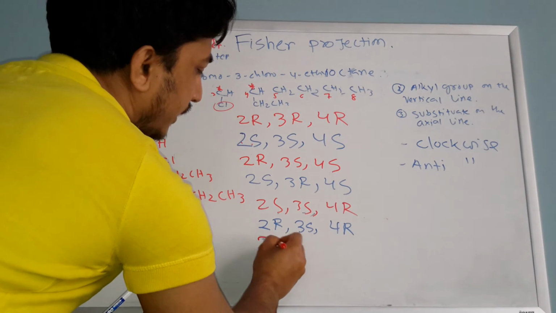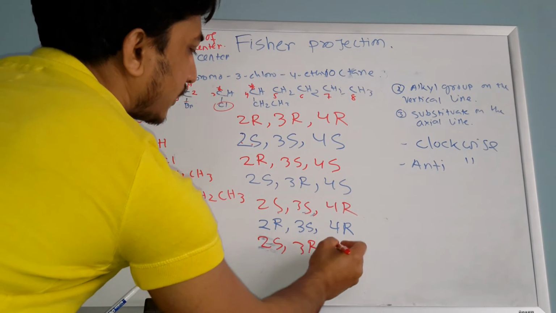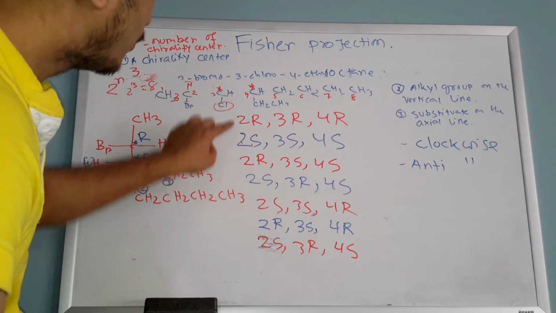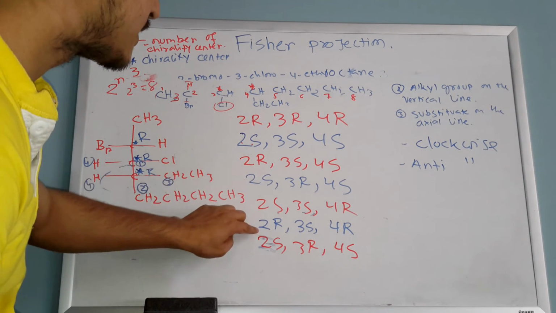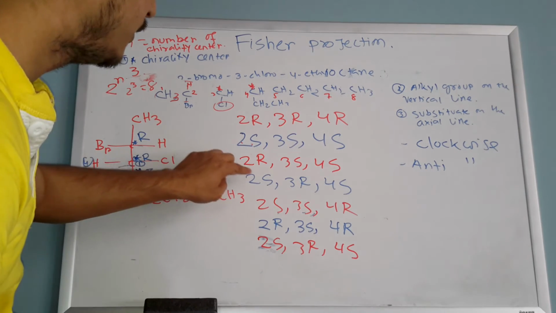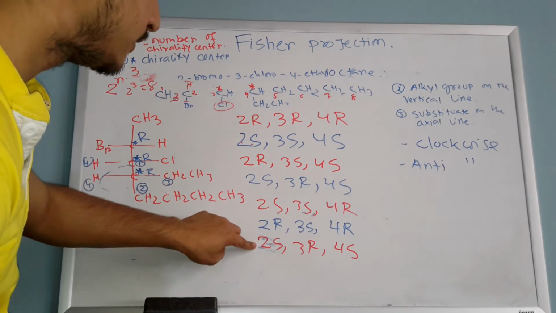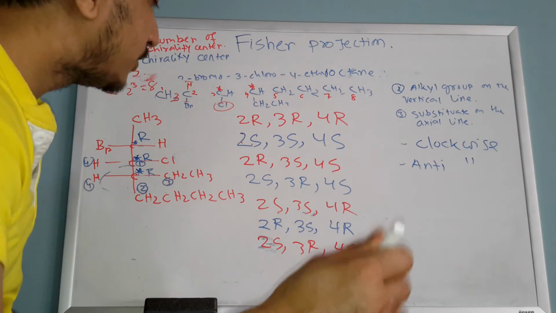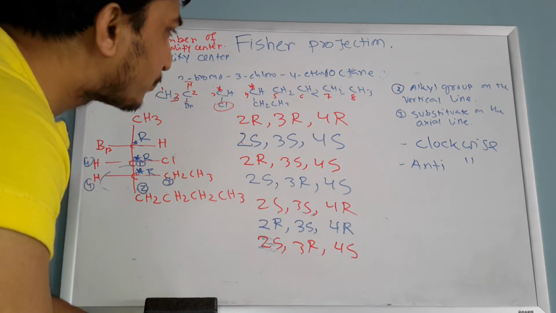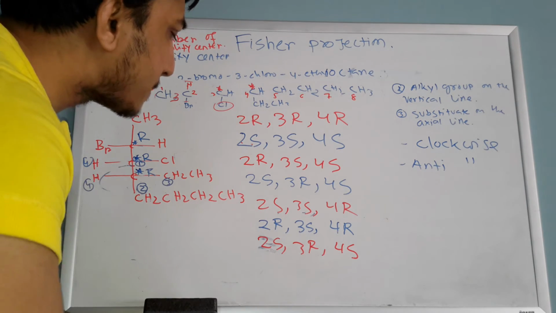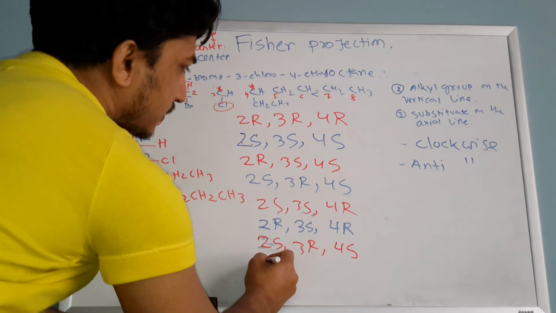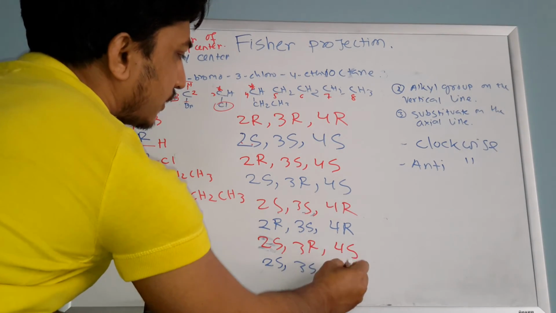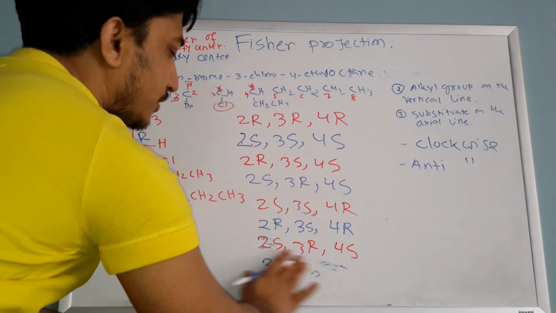Then you can make 2S, 3R and 4S. 1, 2, 3, 4, 5, 6, 7. Then one more possible structure you can make. 2S, 3S, 4R. Oh, we made this one.